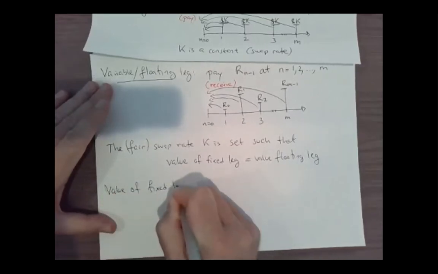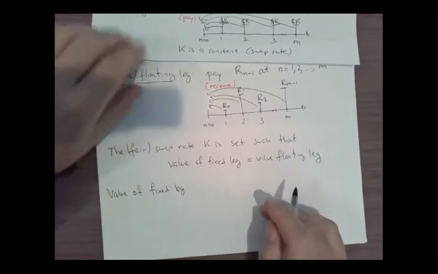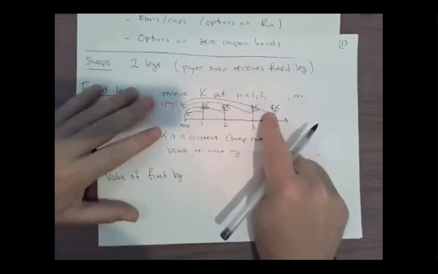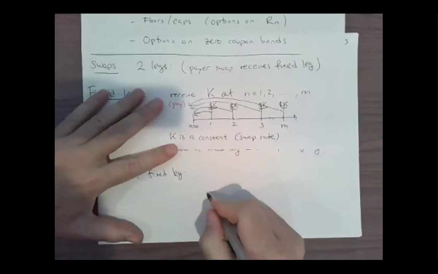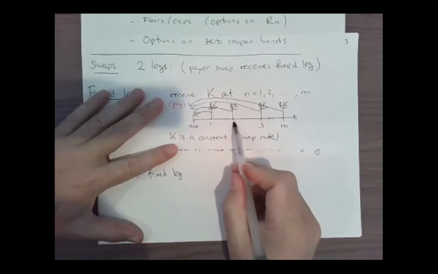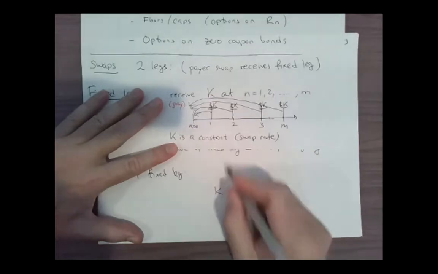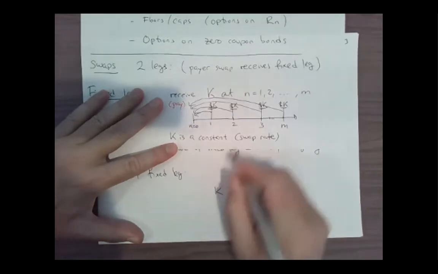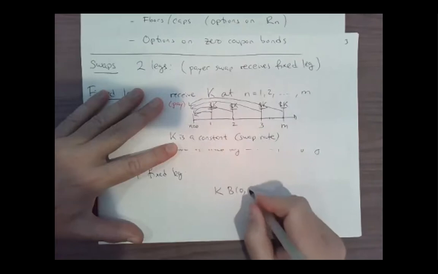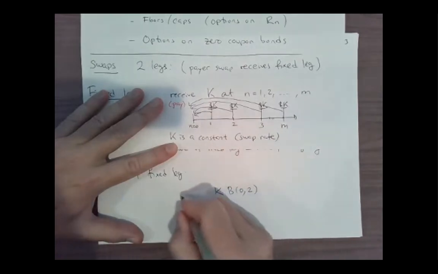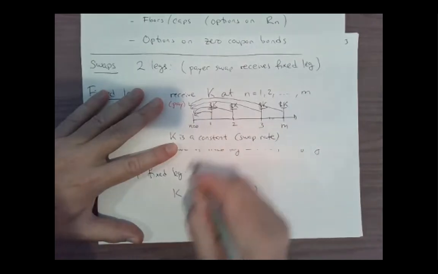of the fixed leg. That's the easiest one because you're just going to get these K's. So because K is a constant, getting K here at time 2, you just multiply onto the zero coupon bonds that go from 0 to 2, right? And then you have the same thing for that one.